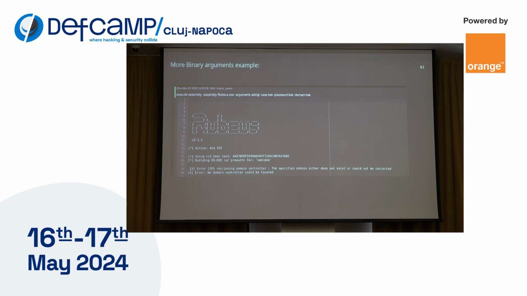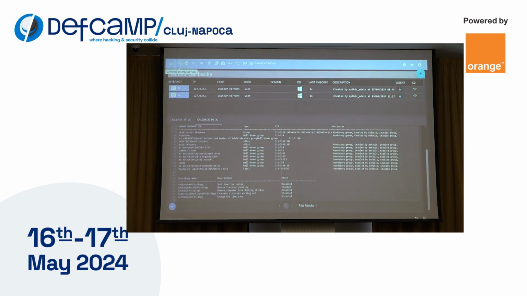Here I have a screenshot of Rubeus, and this is a demo of Seatbelt execution. In that way, you also need to create a different Python file with the whole description of arguments, and then you need to host the exe file on your server, and after that you can run it.